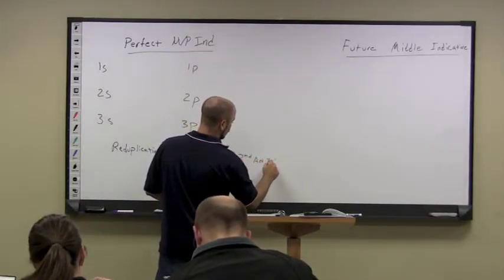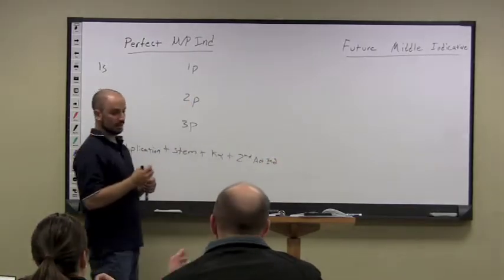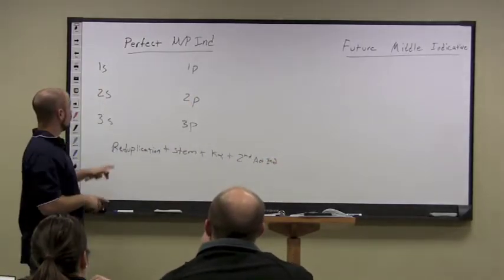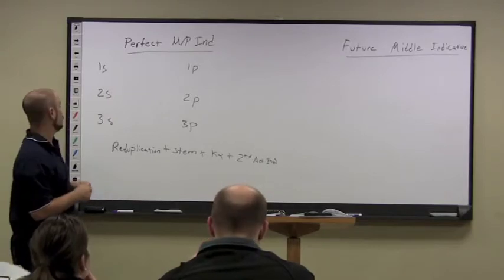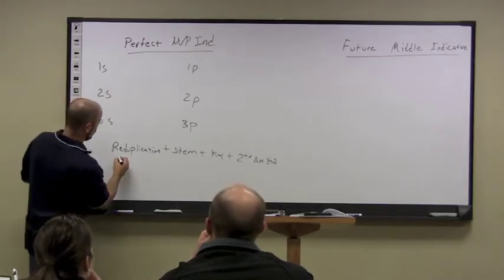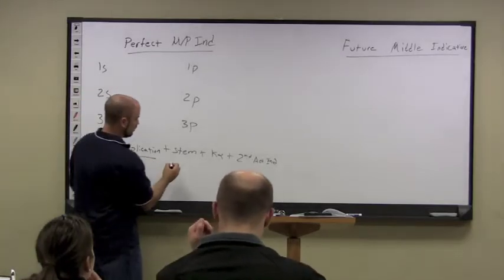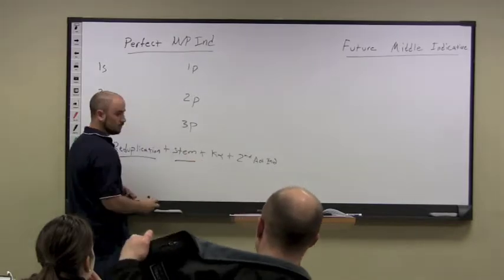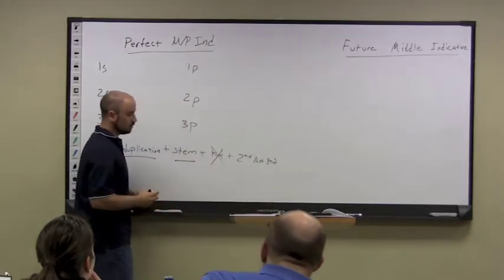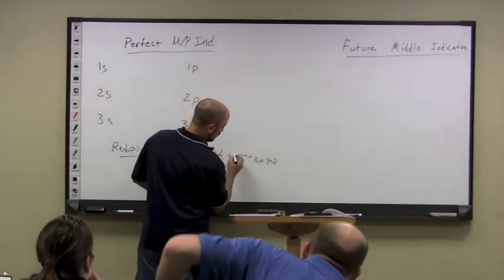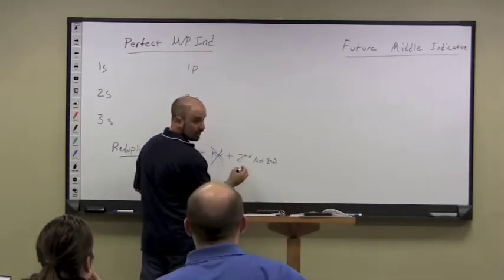Now don't write all of this down because it's not going to be entirely the same. For your perfect middle, you will have the reduplication, the stem, no kappa alpha, and obviously you're not going to have your active endings.